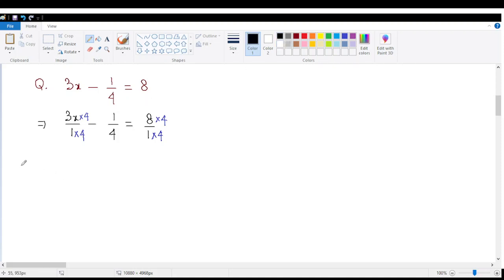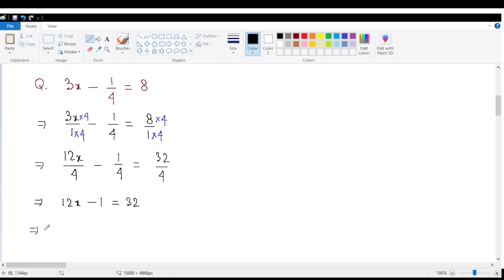So now coming to the next step. We are getting 12x over 4 minus 1 over 4 equals 32 over 4. Now all the denominators are the same, so we will remove the denominators. 12x minus 1 equals 32, right? 12x minus 1 is equal to 32.